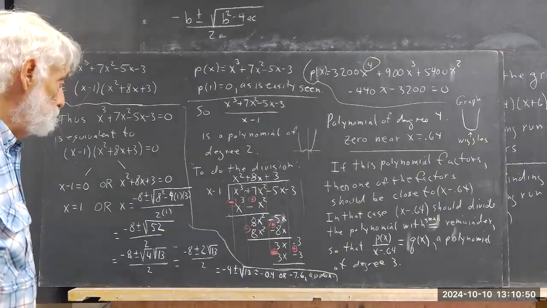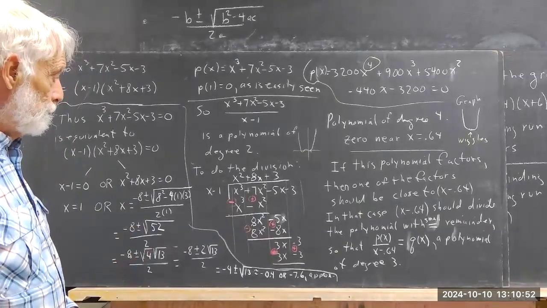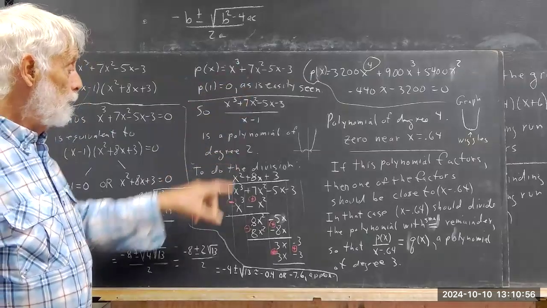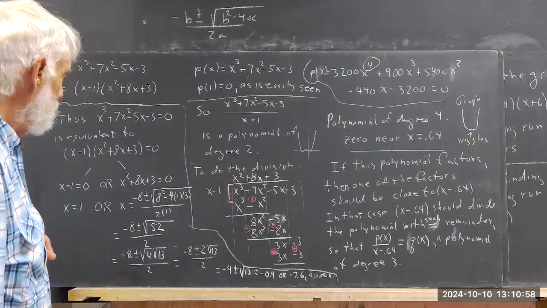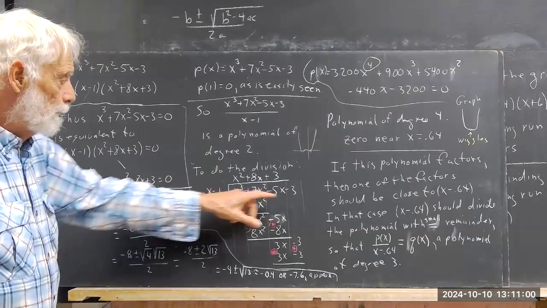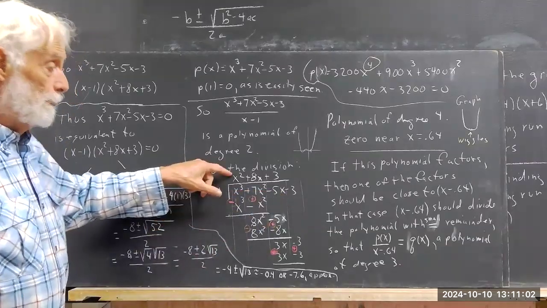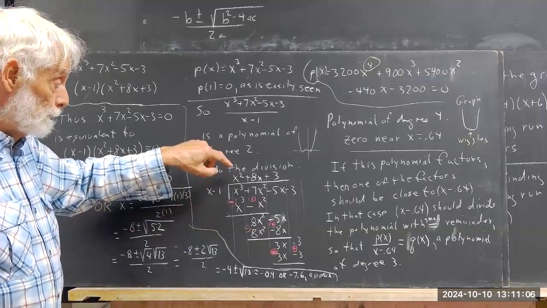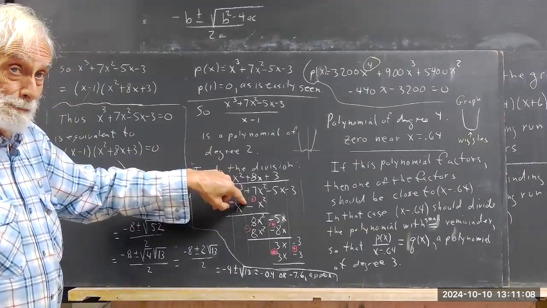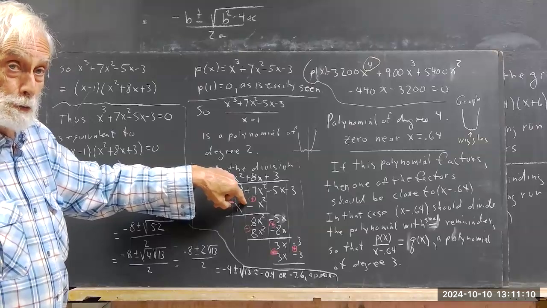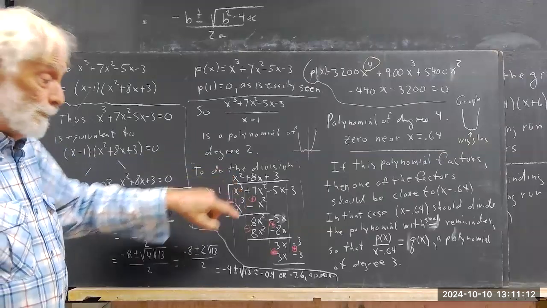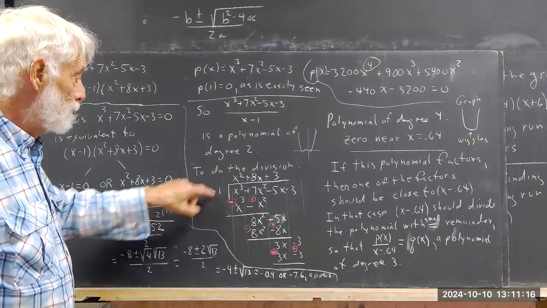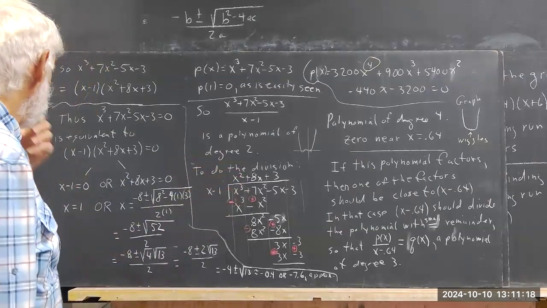Okay? The point then is that now that we found that 1 is a 0, we can divide this. And now we know that the polynomial equals this times this, right? Because you multiply the divisor by the quotient, you get the dividend, the original expression, right? In other words, this divides this many times because this times this equals this.